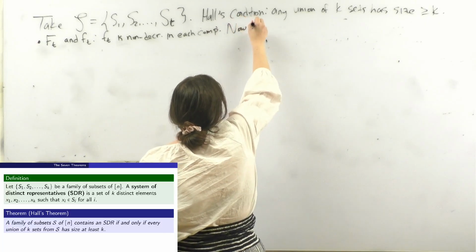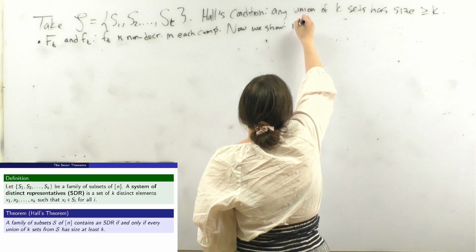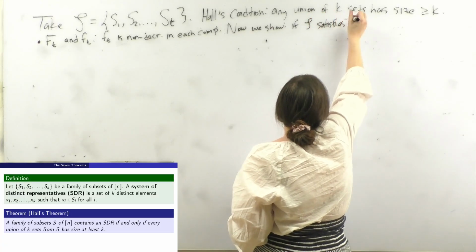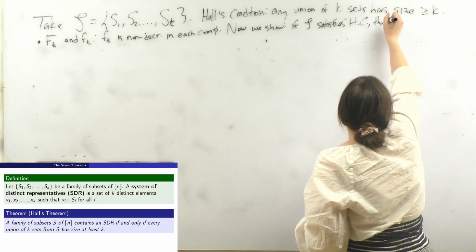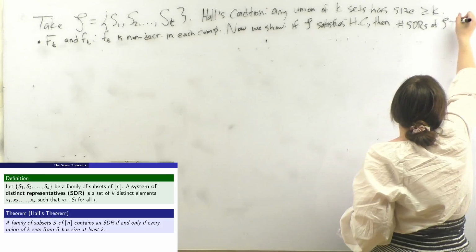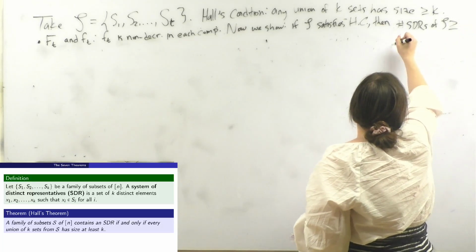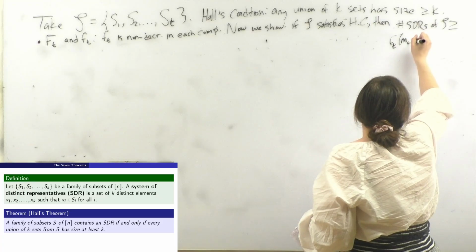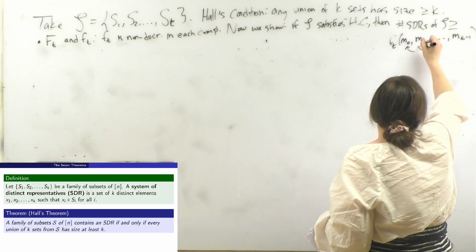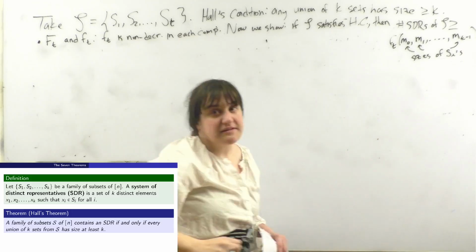And now we show, if S satisfies Hall's condition, then the number of SDRs of S is going to be greater than or equal to f sub little t of the sizes of my sets plugged in there.